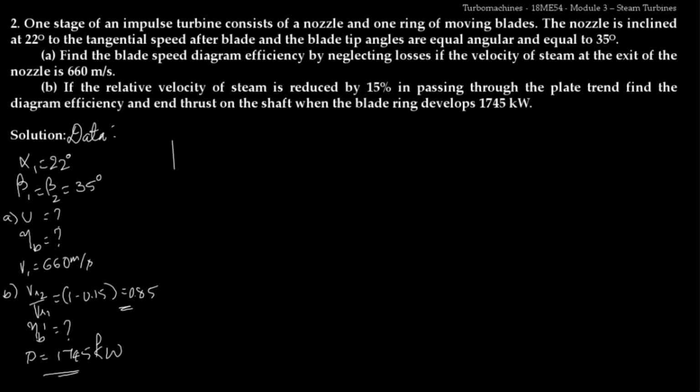Now since we have two different cases in the same problem, I'll be constructing the velocity triangle in the next page. So I'll be writing all the relevant data required again in the next page. So here we need alpha 1, which is 22 degree. Then I need beta 1 and beta 2, which are equal to 35 degree.